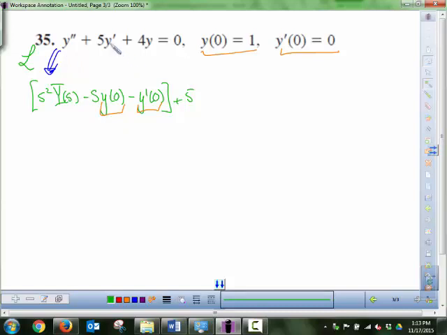But if it's constants, then because it's linear, we can just take the constants out. And we need to Laplace transform the first derivative. So that's s Y of s minus s to the 0 times y of 0. And then you have 4 times the y, the original function. The Laplace transform of the original function is just going to be the big function that you're looking for. And then it's equal to 0.